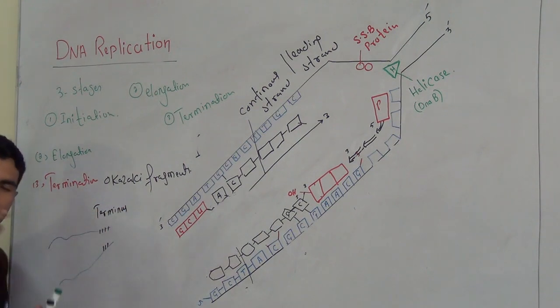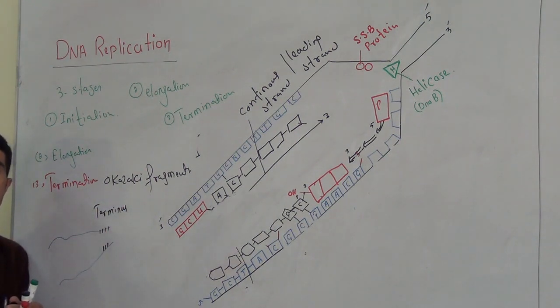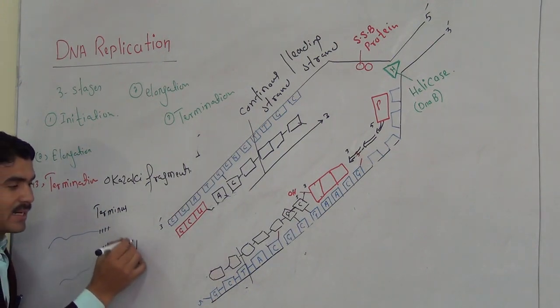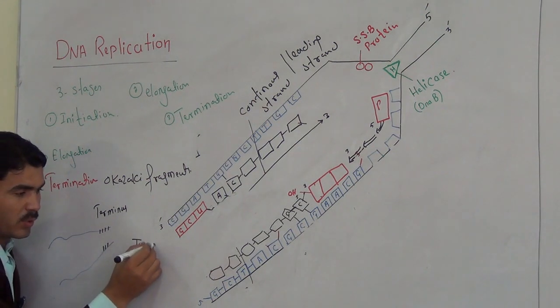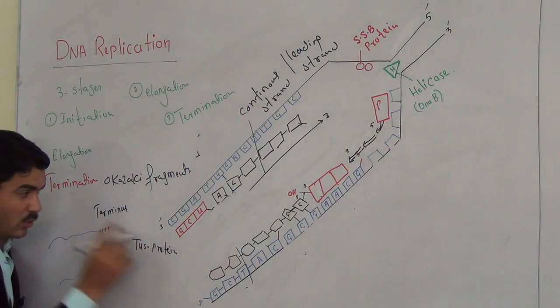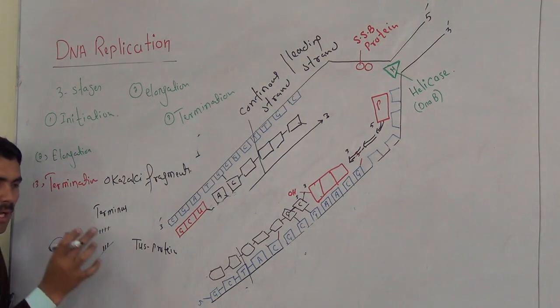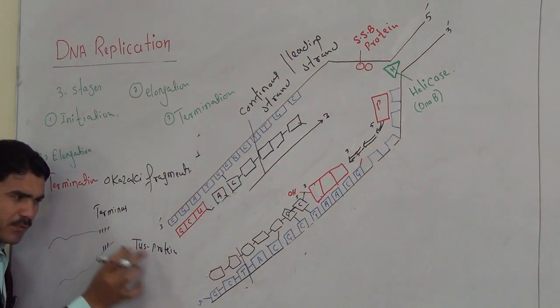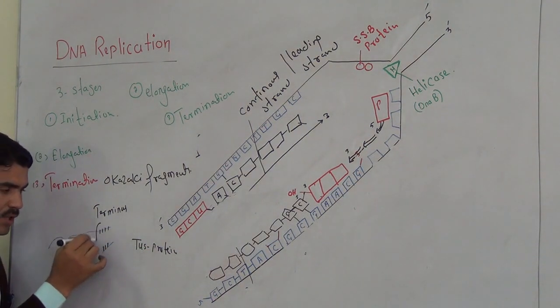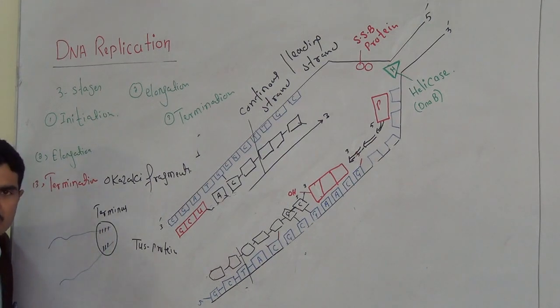That specific sequence is called the terminus, right? There is another protein called the TUS protein. So Ter and TUS. This protein specifically binds to that portion of the DNA called the terminus region.